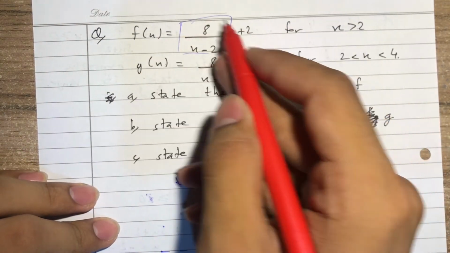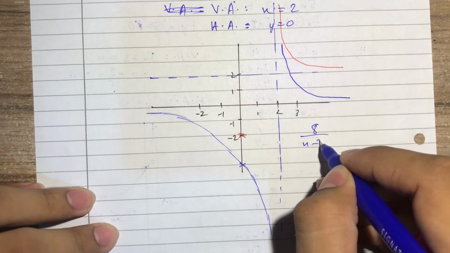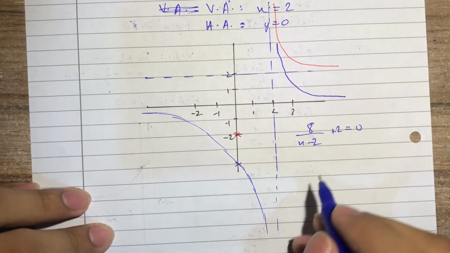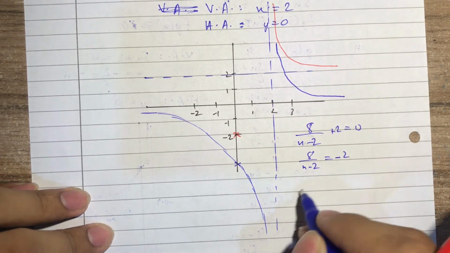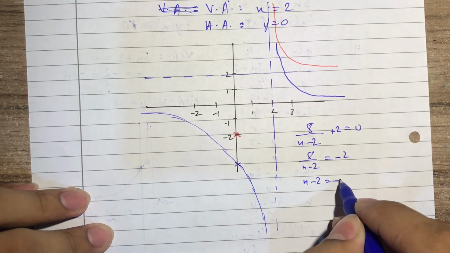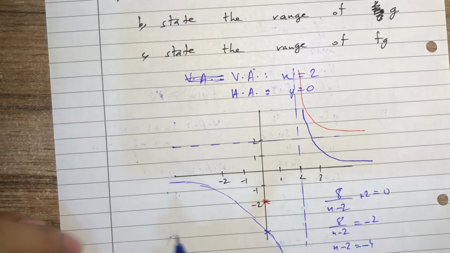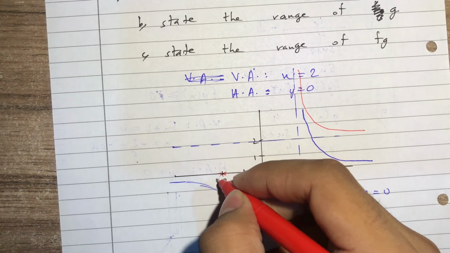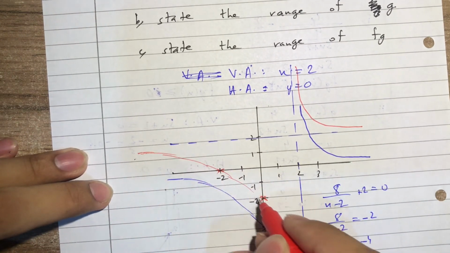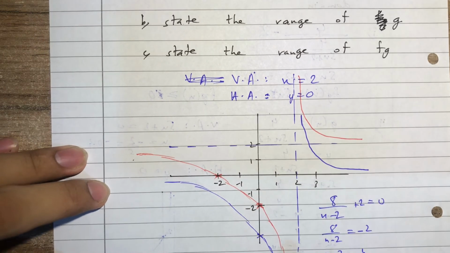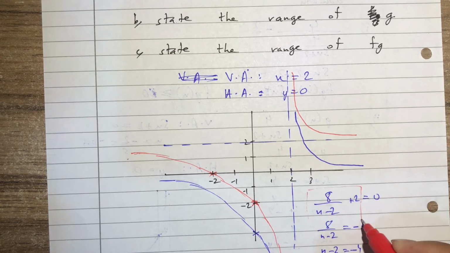So that means that 8 upon x minus 2 plus 2 should be equal to 0. So 8 upon x minus 2 equals minus 2. So x minus 2 equals minus 4, x equals minus 2. So the x-intercept is this. Now if I draw the other portion of the graph, it will be somewhat like this, right? So this is the graph of 8 upon x minus 2 plus 2.